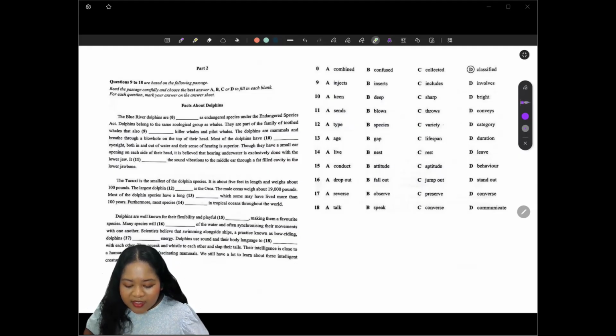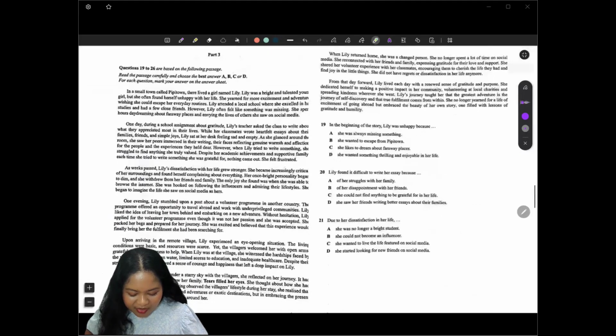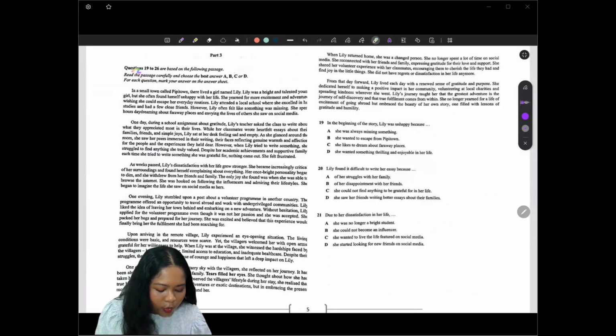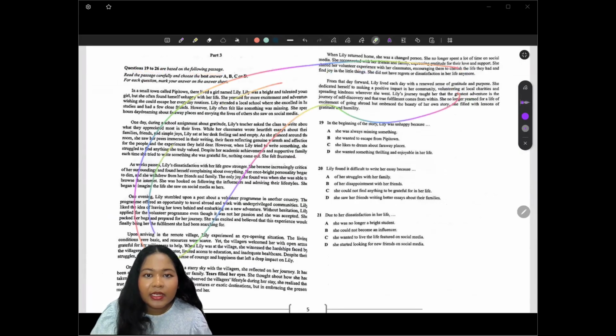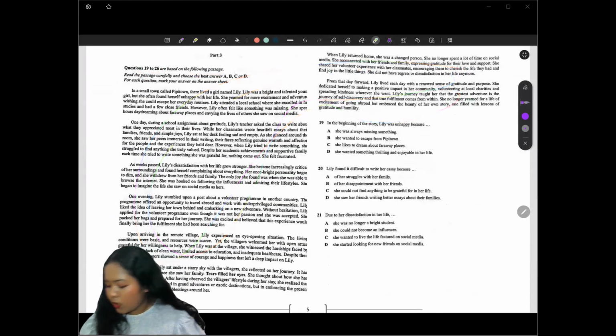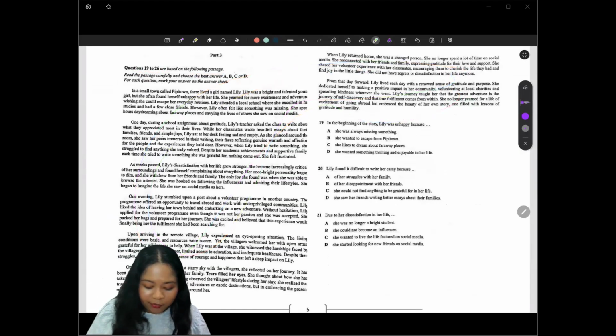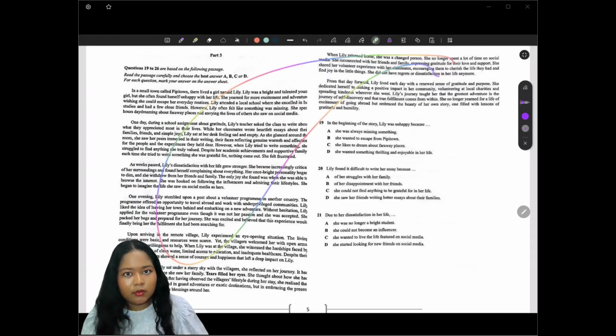Okay? And next, this one. Part number three is for questions 19 until 26, where it will be based on the following passage. They will give you random passages, but just only one, okay? For this one, you have to read this and then understand it.